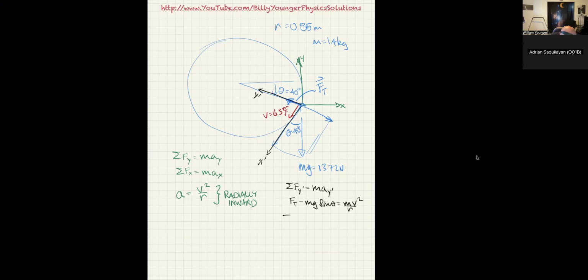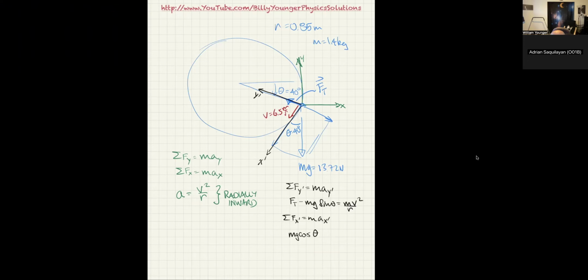Then we also need the summation of forces in the x prime direction equals mass times acceleration in the x prime direction, and that's the acceleration that they're wanting. That's the tangential one. So by using this coordinate system, you're actually dealing with it tangentially and radially. In this case, the only force acting is mg cosine theta.